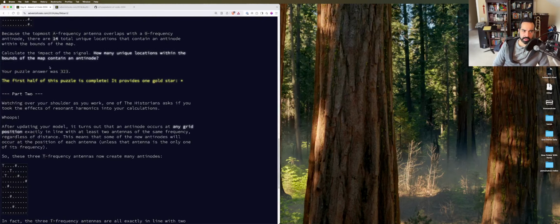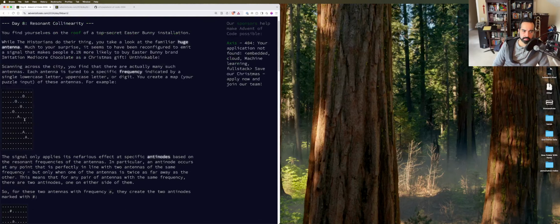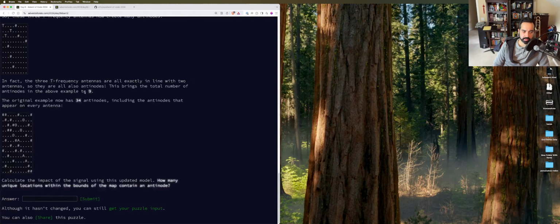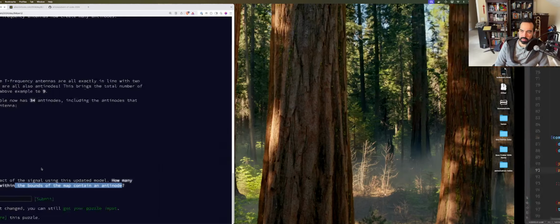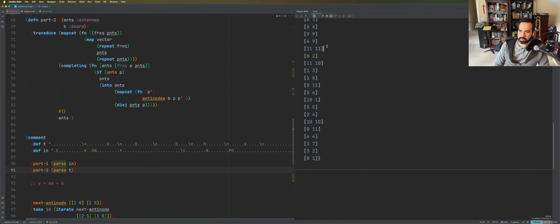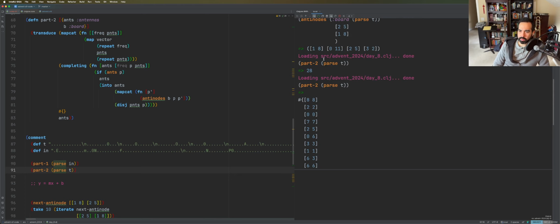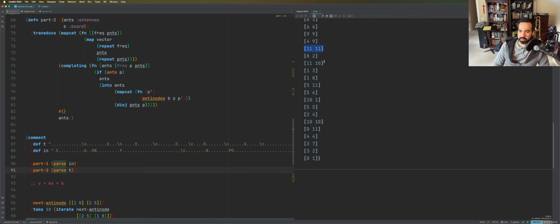Certainly we could speed it up by, you know, putting these in the antinodes to start. But how many unique locations would the bounds of the map contain? What about 11, 0, 1, 2, 3, 4, 5, 6, 7, 8, 9, 10? What about 11, 11? Dude, what's not here? How do I get a different number from them?